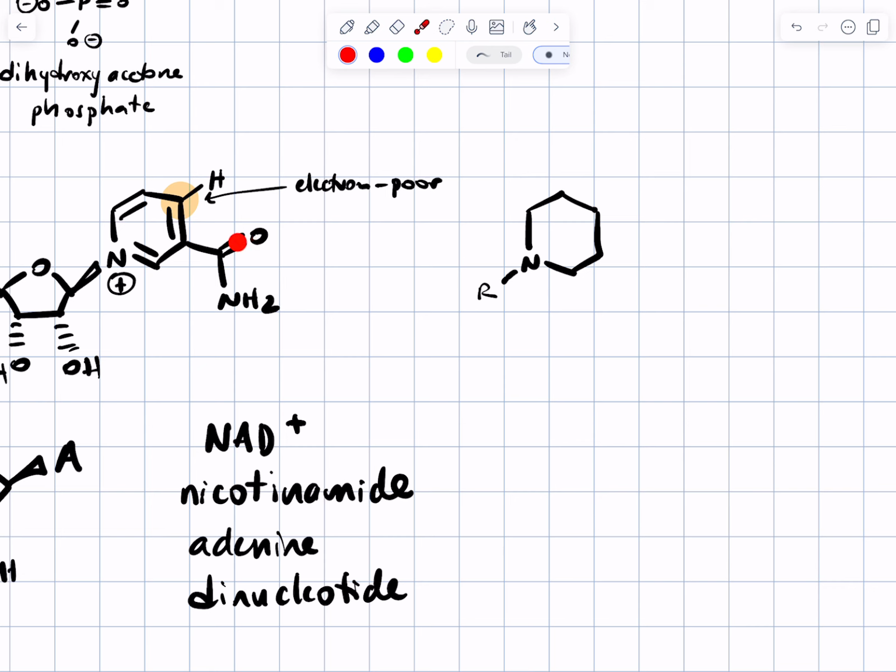Carbonyl. And carbonyls are electron withdrawing. So you should be able to see that I could draw a resonance structure that would look like this. That would have a positive charge on this carbon, a negative charge on the amide oxygen, like that. Is that sort of what you're envisioning?